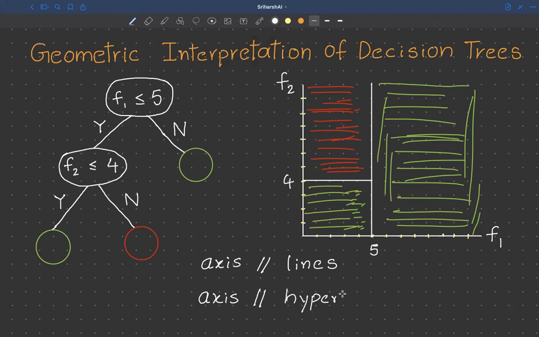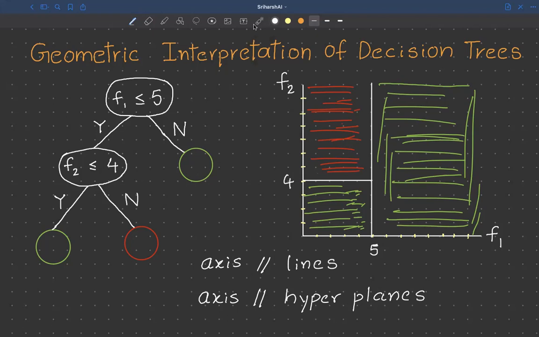So lines in the case of 2 dimensions, planes in the case of 3 dimensions. If you go beyond 3 dimensions, then it will be hypercubes or hypercuboids. Okay. So this is how we geometrically interpret our decision trees.